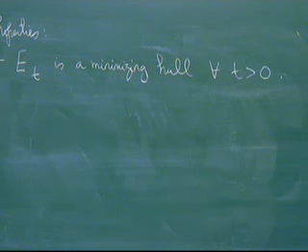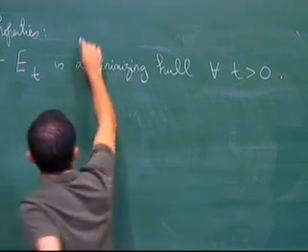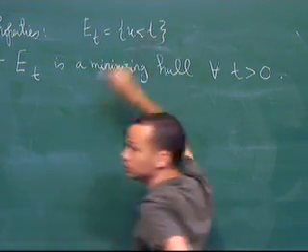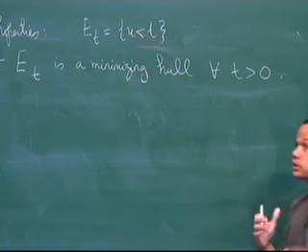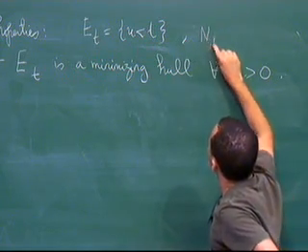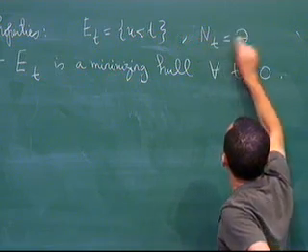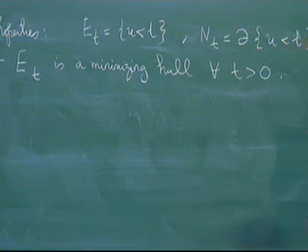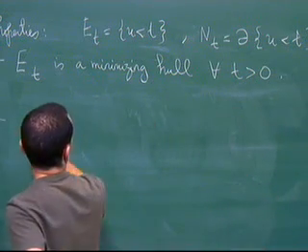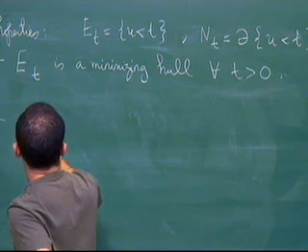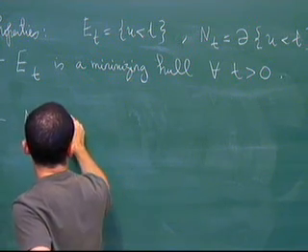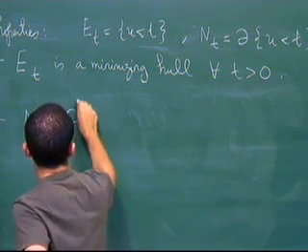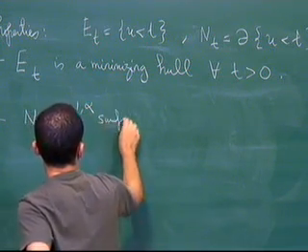Right, let me just fix some notation. E_t is the set of points where u is less than t, the sub-level sets. And N_t will be the boundary of the set of points where u is less than t. So you can actually prove that N_t for any t is a family of C1 alpha surfaces.